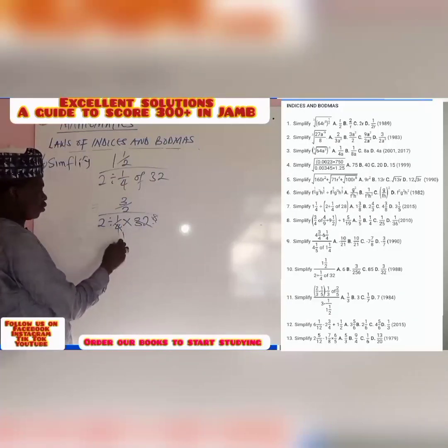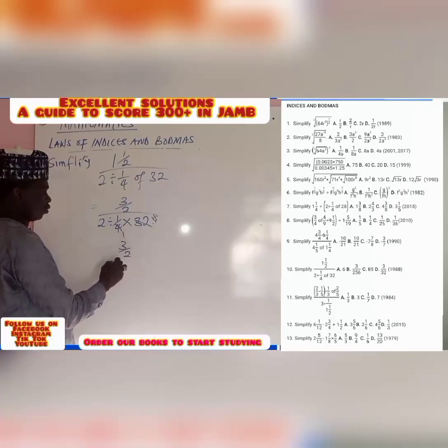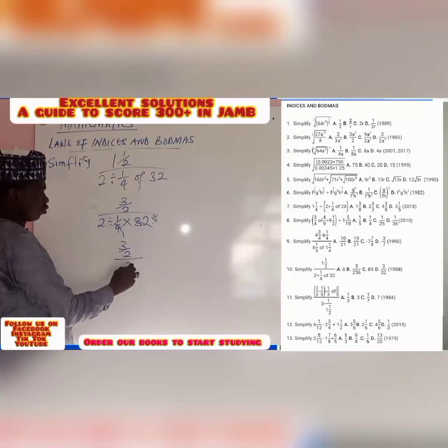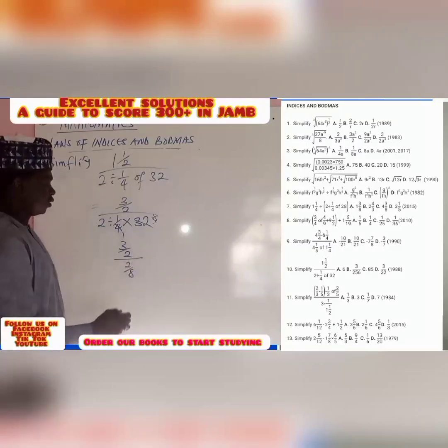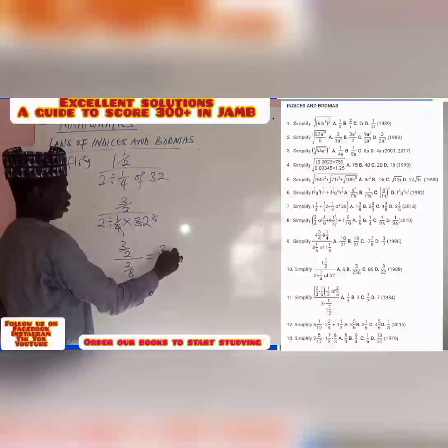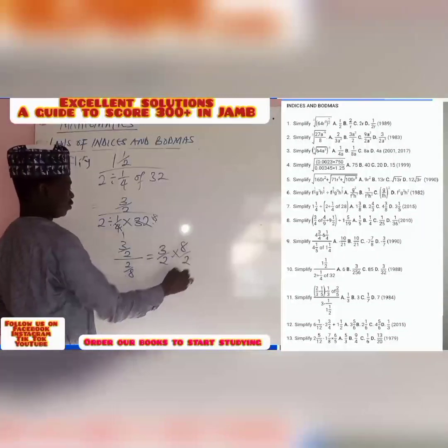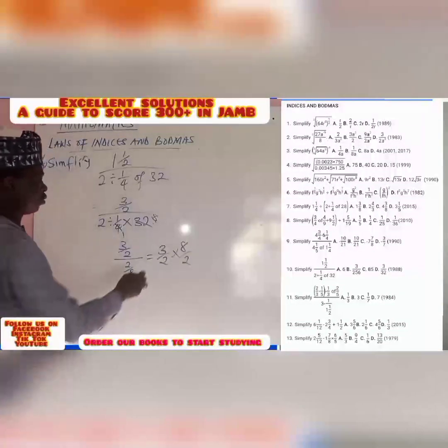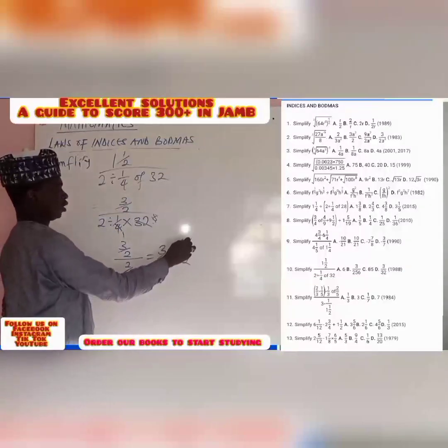So this is going to be 3 over 2, then over 2 over 8. So this is same as saying 3 over 2 times 8 over 2. So 2 here, 1, 2 here, 4.